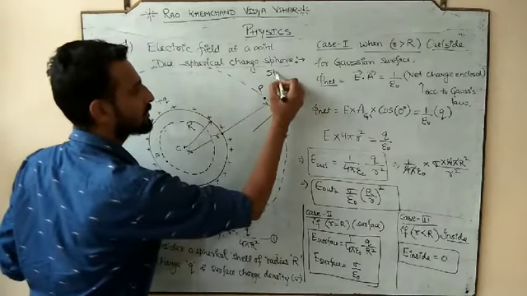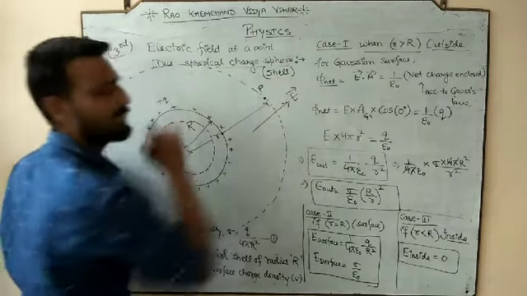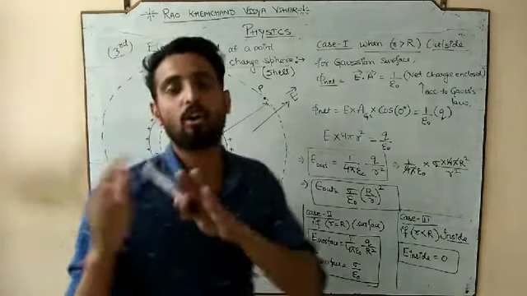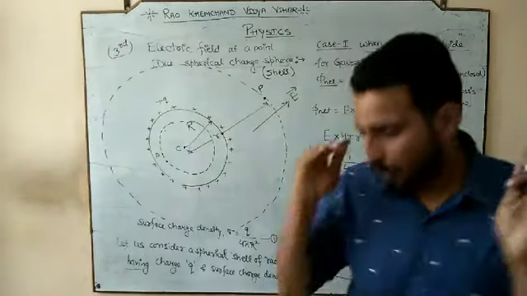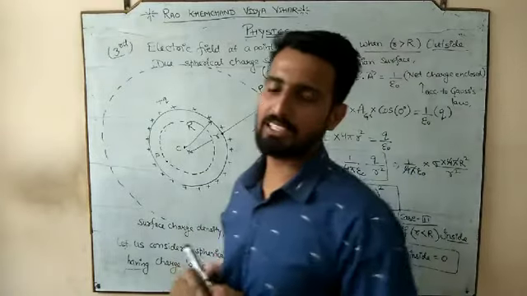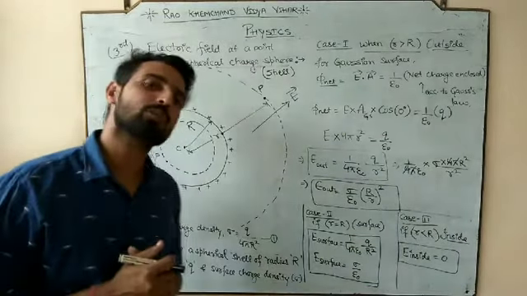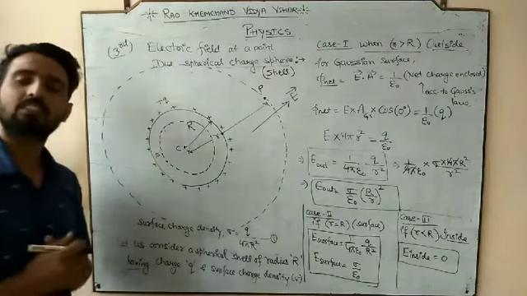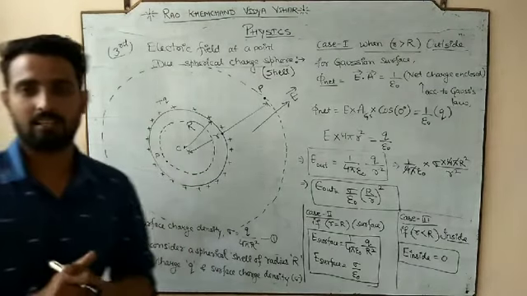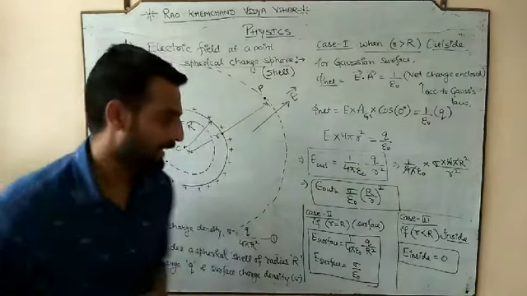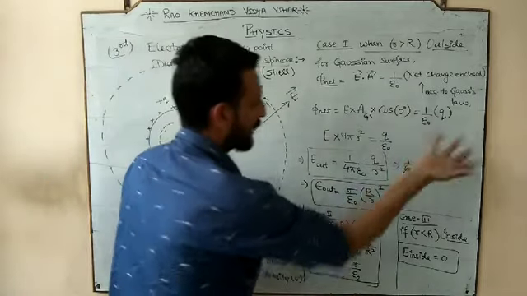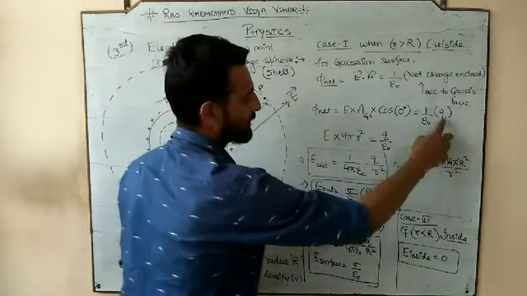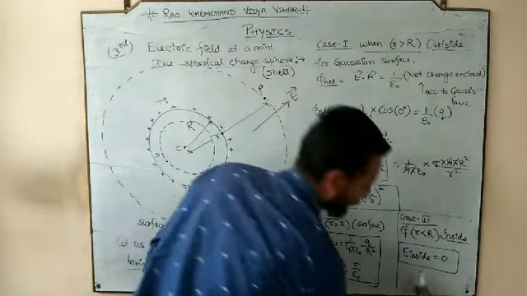Shell means hollow from the inside. And hollow from the inside means चार्ज हमेशा कहां पे डिस्ट्रीब्यूट हुए? ओवर द सरफेस. तो अंदर चार्ज कितना है? 0. And if the charge is 0, everything would be 0. If Q is 0, your electric field would be 0.